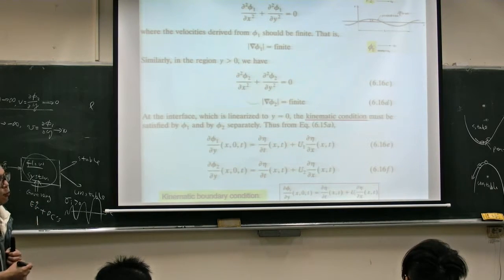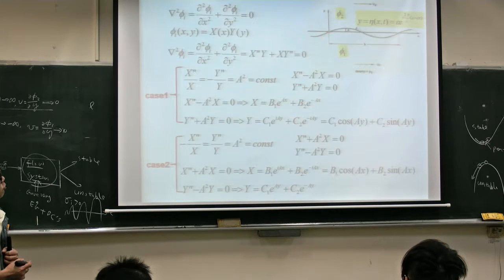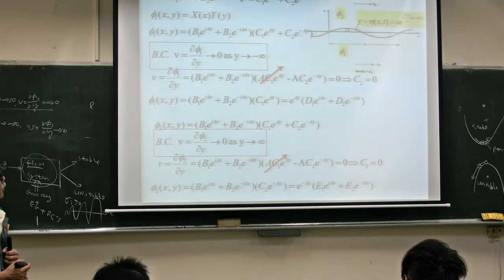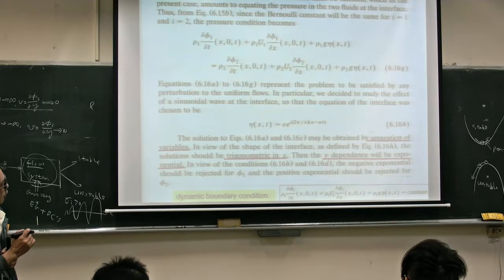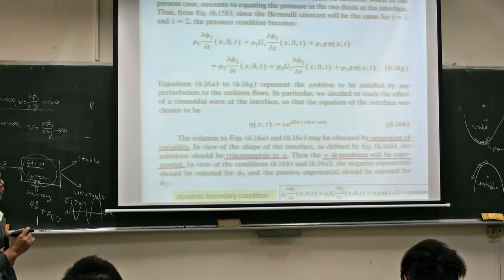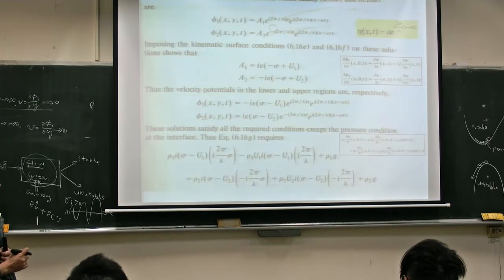Okay, and in the y direction, what happened? Y direction should be exponential. Should be exponential decay. Depending on the y, it should be exponential, either decay or growth. Okay, and as you can see, in the y direction should be an exponential function. So from here, they can give you this.